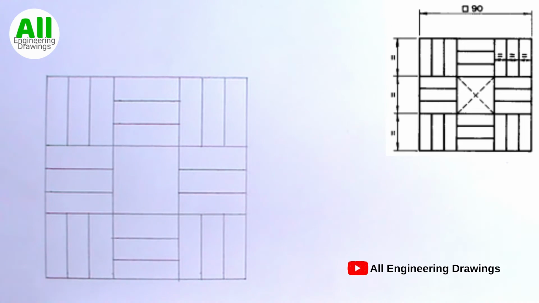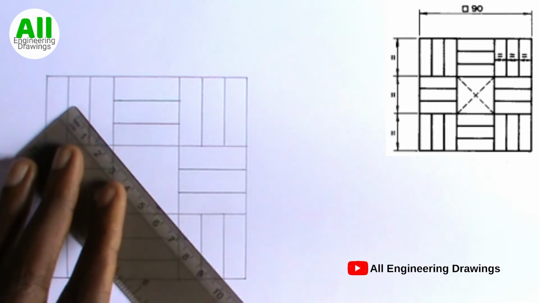Next, there are 2 diagonal lines at the middle here, and they are thin continuous lines.